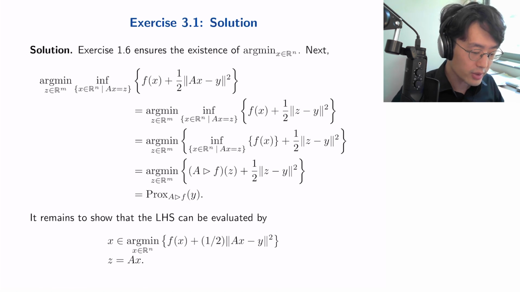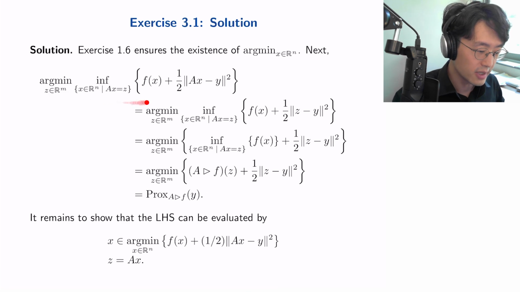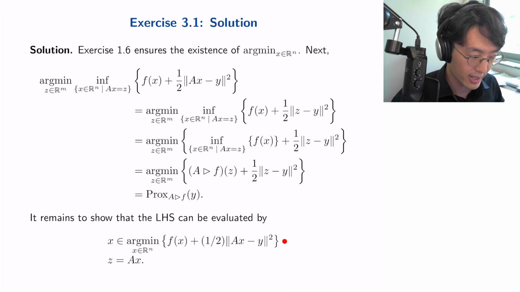Okay, so the goal was to show that this thing is equal to this thing. Well, we've established that this argmin-inf is equal to the proximal operator. So it remains to show that this left-hand side can be evaluated by performing an unconstrained minimization with respect to x first, and then performing the matrix-vector product Ax.